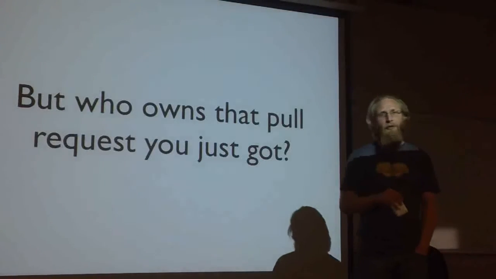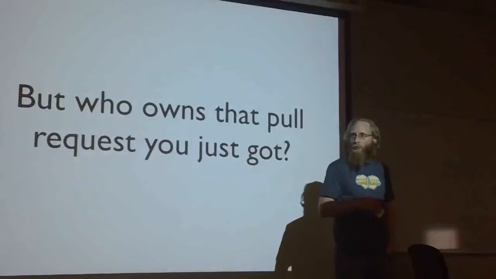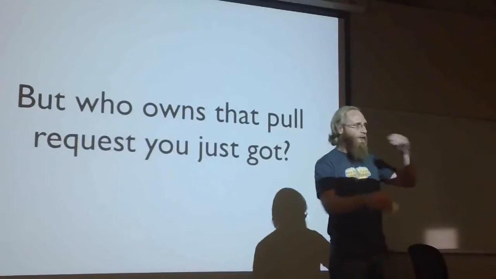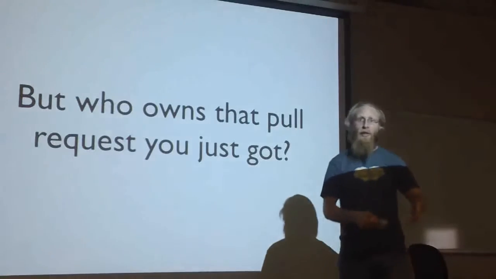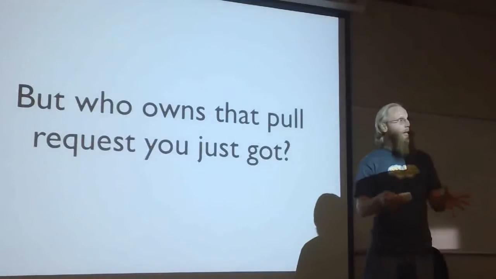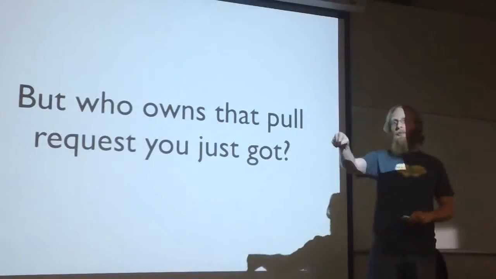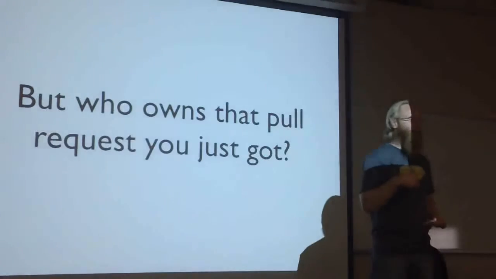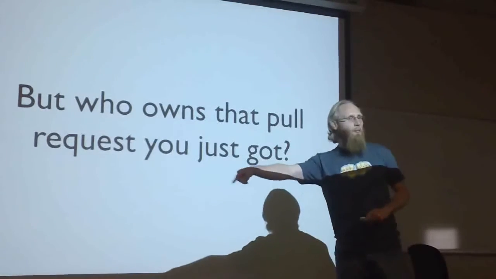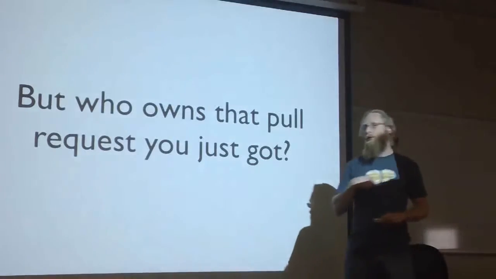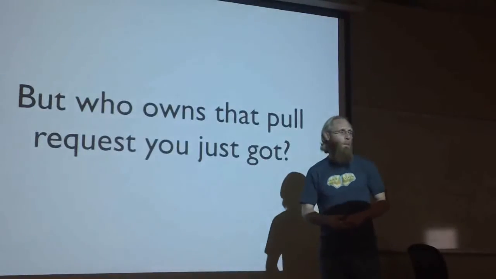But wait a minute. Maybe you do have the right to publish an open source project, and you have this stuff out on GitHub, and people start using it, and it's really popular. Somebody forked it, they fixed it, now they're sending me a pull request, which means they've made some changes to my library, and they're saying, hey, incorporate those changes back into your library.